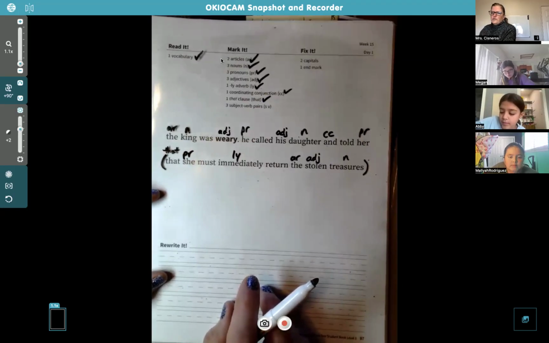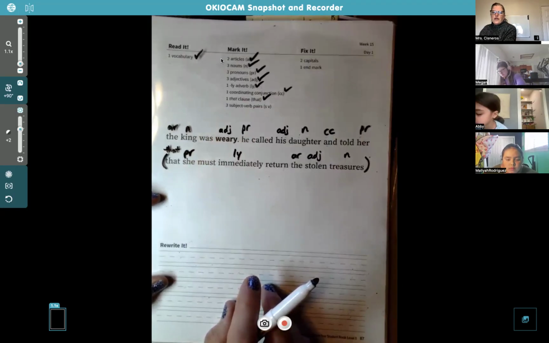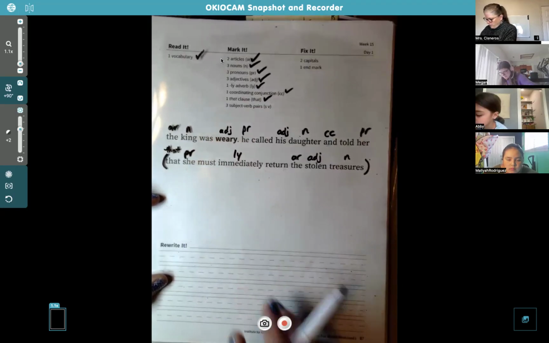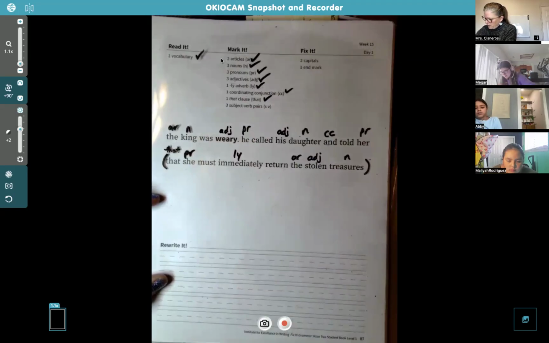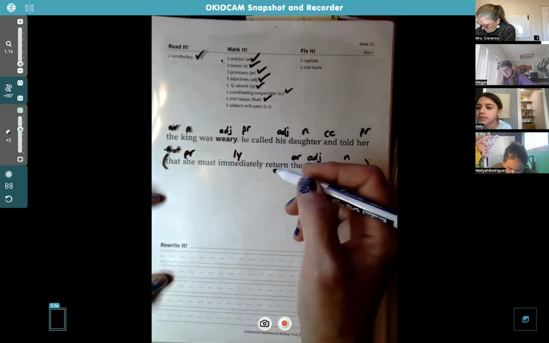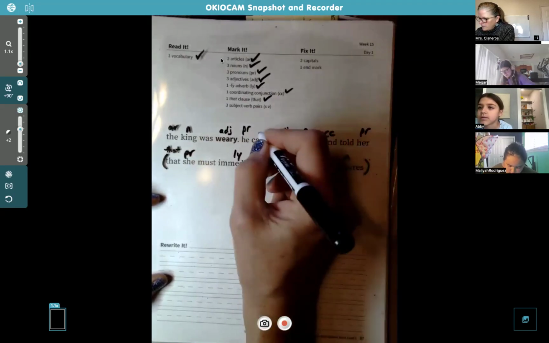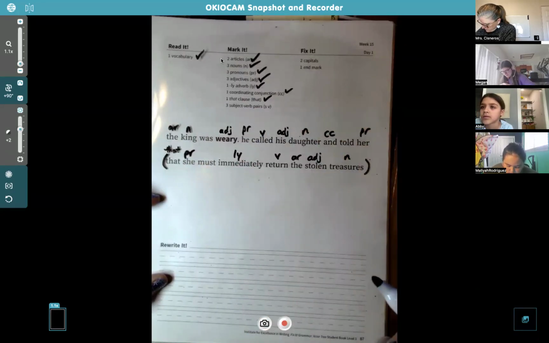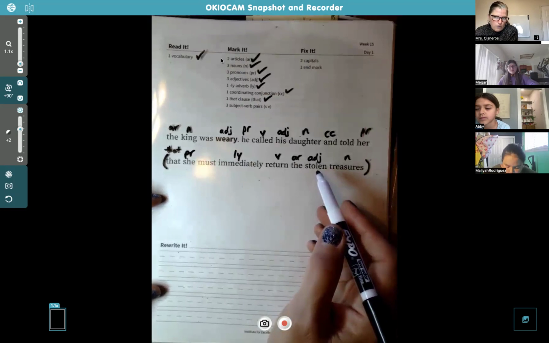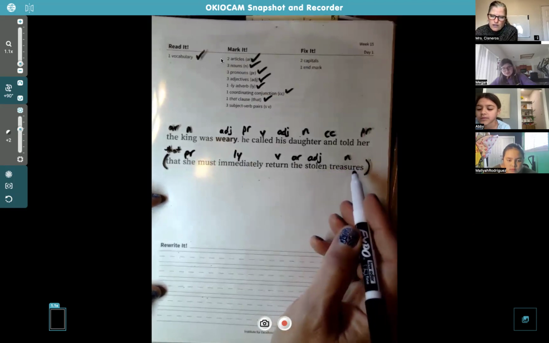We'll start with verbs. So, Megan, where are the verbs? Those action words or helping. Returned. Good. Called. Good. Can stolen work? No, actually, it's not. It could be a verb, but in this sentence, it's telling what kind of treasures.